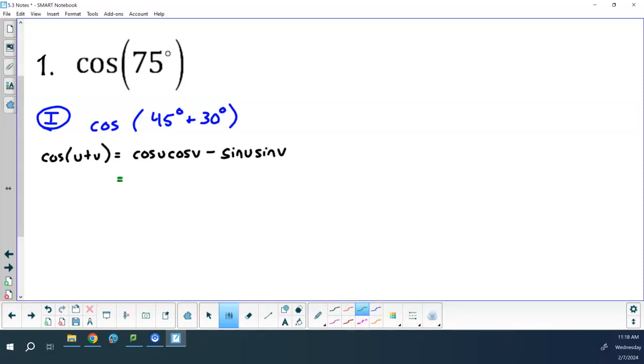So that would be the cosine of 45 degrees times the cosine of 30 degrees, minus the sine of 45 degrees and the sine of 30 degrees.